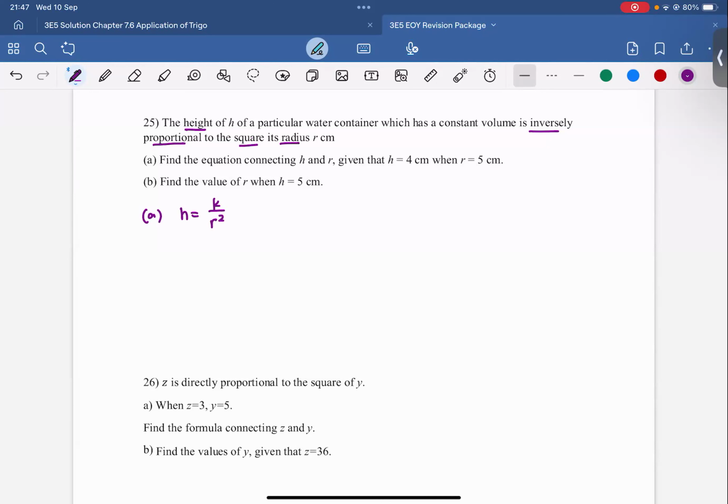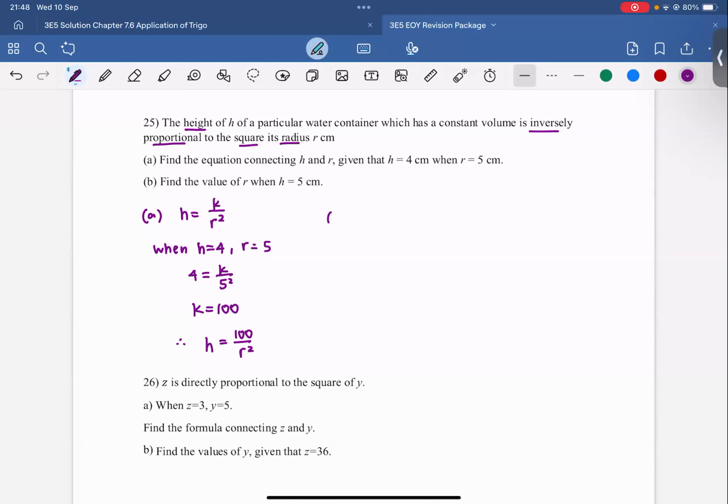You need to settle the k. So when h is 4, r is 5. So 4 equals k over 5 squared, which is 25. Multiply over, k is actually 100. Now you put the 100 back. This is the answer for part 8.